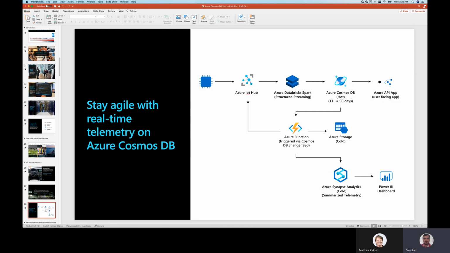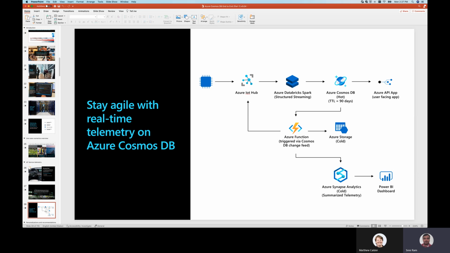Here is a sample architecture of real-time telemetry ingestion. In this scenario, you have devices on the left-hand side, and all the devices will be pumping the data to a cloud gateway.